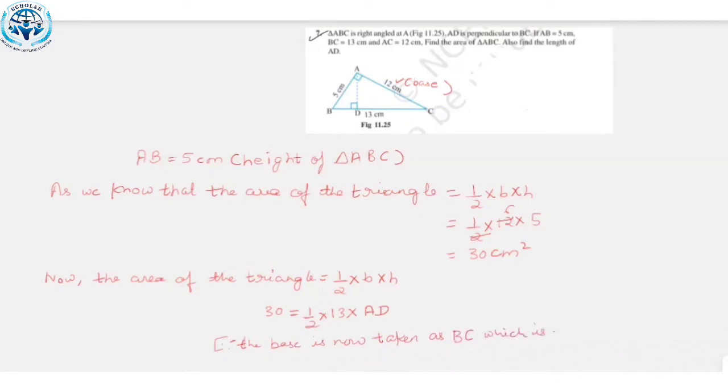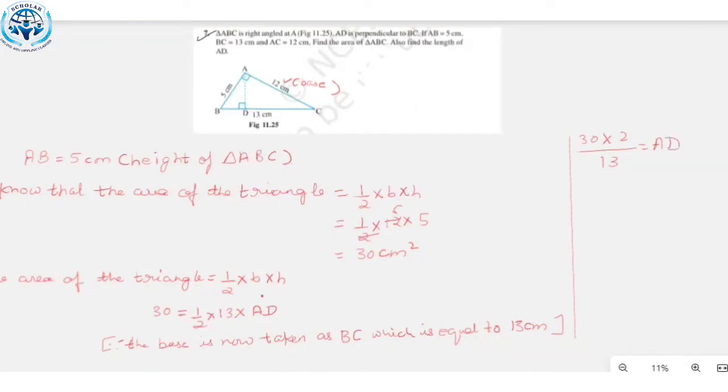Since the base is now taken as BC, which is equal to 13 centimeter, AD is the height which is perpendicular to the base BC. 30 into 2 upon 13 is equal to AD, that is the height of the triangle. The triangle is same, so the area is same. If we know the area of the triangle, taking another base, we can easily find out the second height.